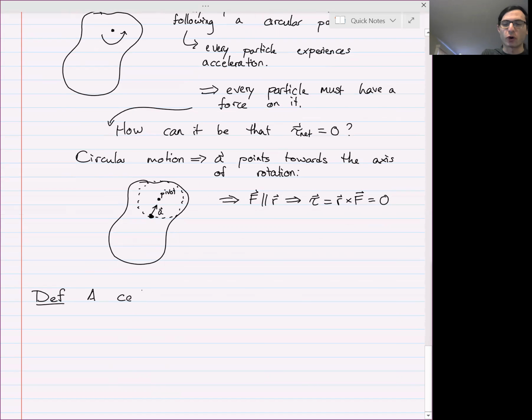So I'm going to define this idea for you. A central force, this is a definition for a technical term. God, I can't draw a straight line for my life.